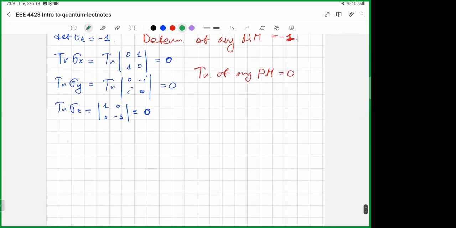Yes. So for the trace, let me write maybe a general formula like this.